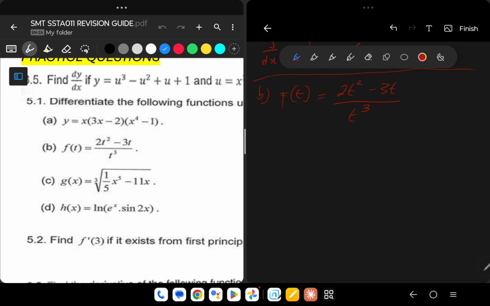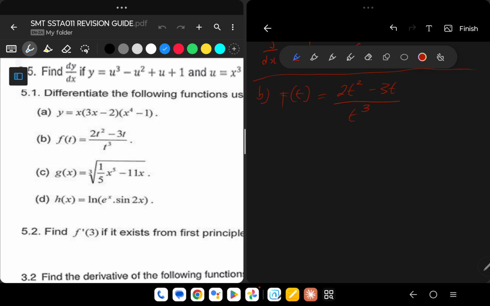A t there can be a number, it can be a constant. So now let's try and see if we can simplify what we have here before we derive it. So now 2t squared minus 3t over t cubed is the same as 2t squared over t cubed minus 3t over t cubed, right?